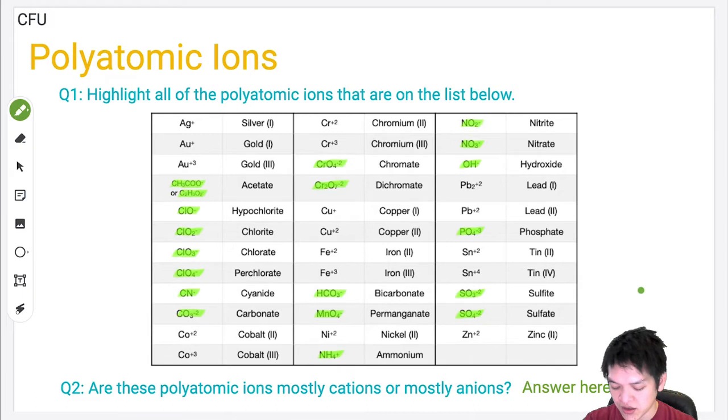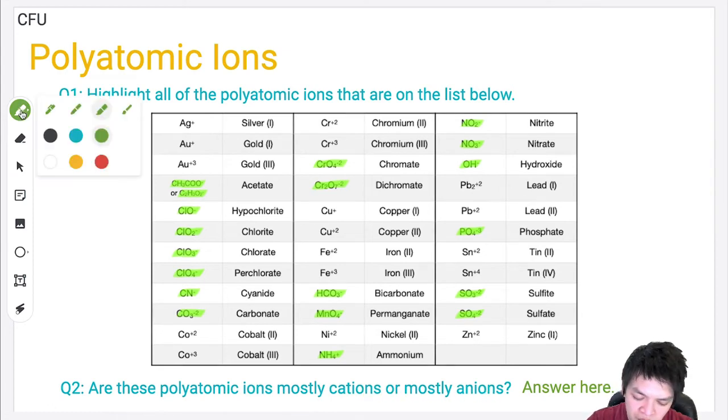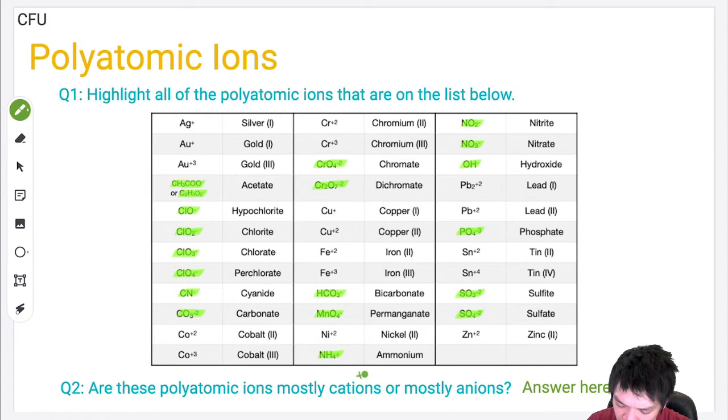There's another question down here that's asking, are these polyatomic ions mostly cations or mostly anions? So remember that cation means we're talking about positive ions. Anions are negative ions. So are these polyatomic ions mostly positive or negative, basically? Pause the video and think about it.